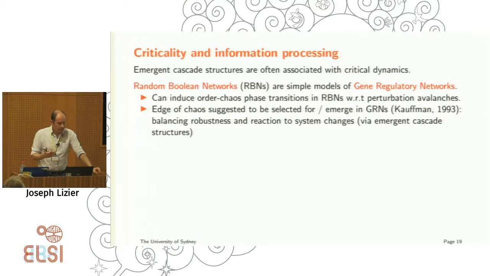Kauffman famously suggested that at this critical point, this edge of chaos, this should be selected for or emerge in GRNs because they balance robustness with fast reaction to system changes via such emergent structures.